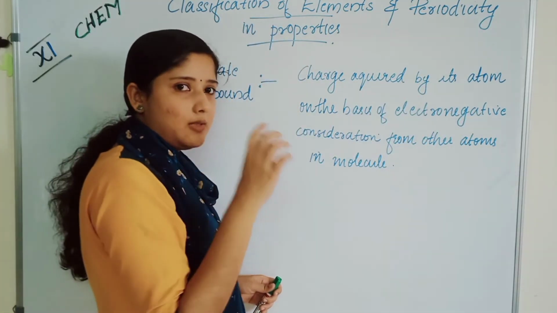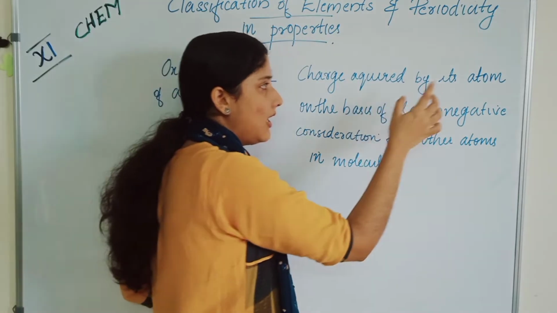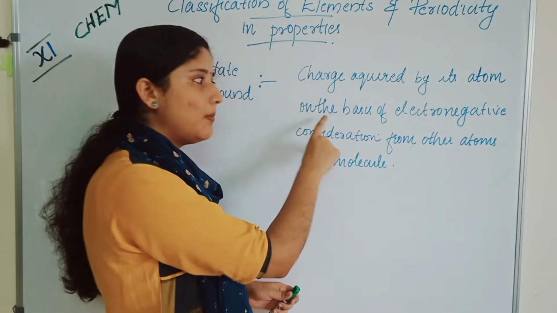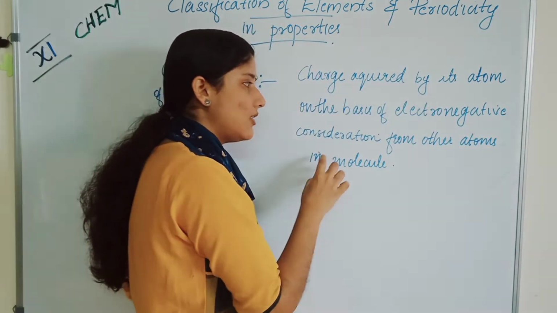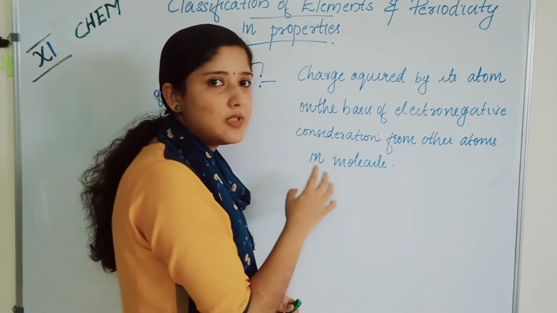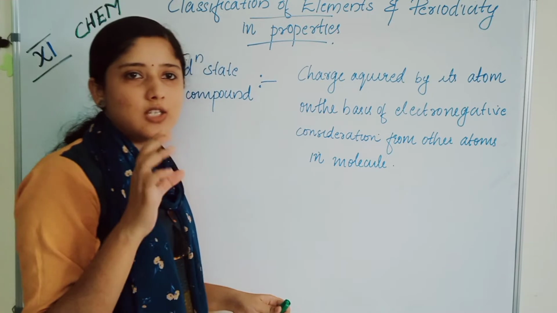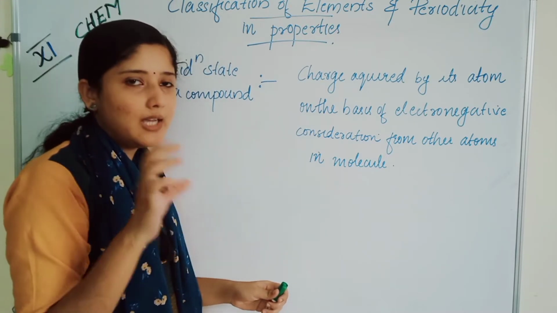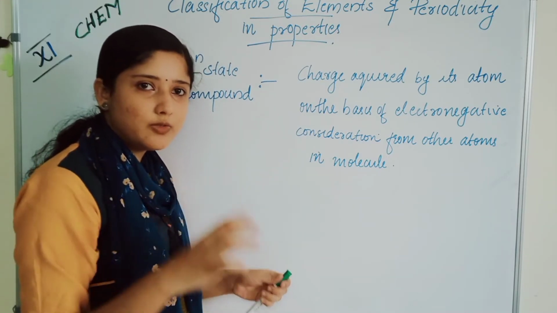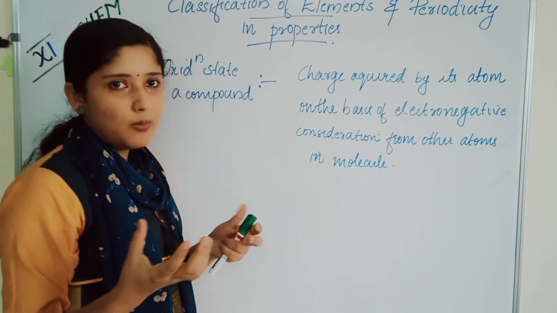Compounds are made up of atoms, isn't it? That is, we can determine the oxidation state of an atom in a compound by consideration of the electronegativity of the other atom in the molecule.